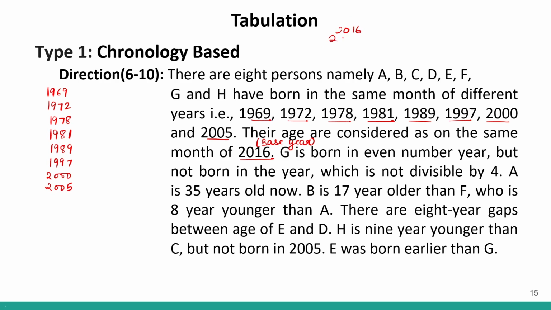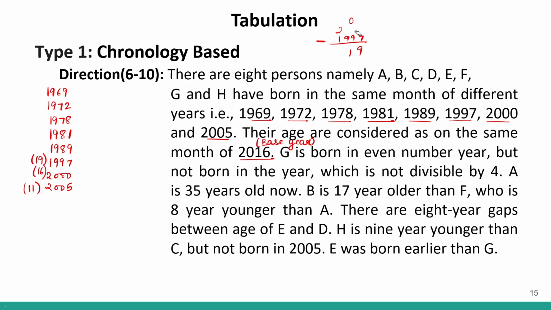From 2016, 2005 will be 11 years old. From 2016, 2000 will be 16 years old, correct? We are simply subtracting. From 2016, 1997: this will be 0, this will be 16. So here we will have 9 and 1. The next age will be 19 years old.